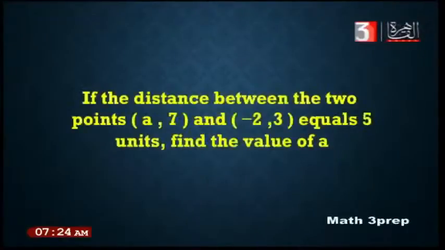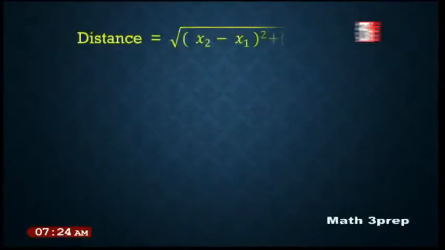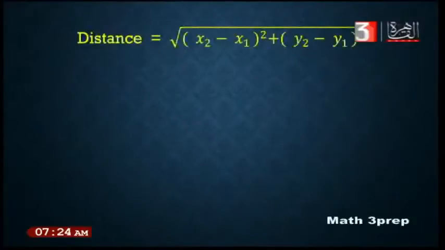If the distance between the two points (a, 7) and (-2, 3) equals 5 units, find the value of a. Yes, the distance between the two points. What about the rule of the distance? That's correct. Distance equals square root of (x2 minus x1) all to the power of 2 plus (y2 minus y1) all to the power of 2.